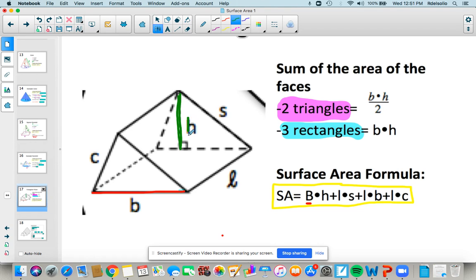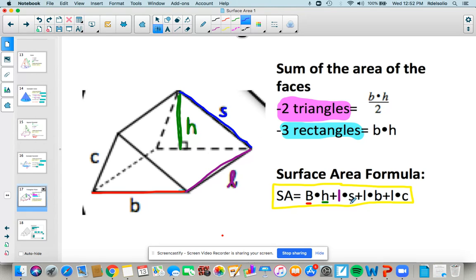We use H. Then we have L, which is the slant height. L is right here. The slant height in this example, for a triangular prism, is right here. So that's L. Then we have S, which is the side. That's back here, in blue, so that's S.